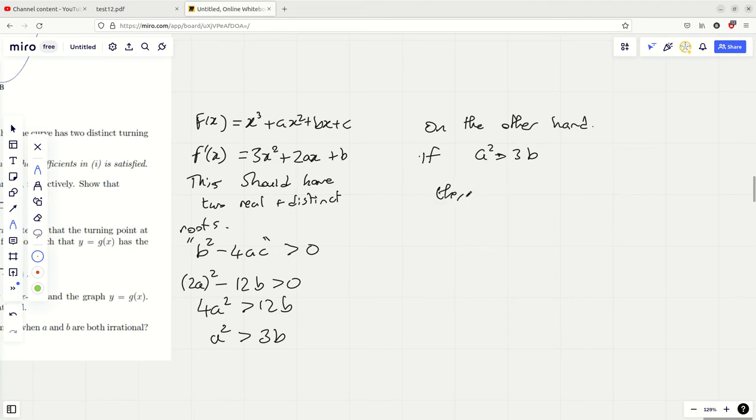I'm just going to skip a few steps here: 4a squared minus 12b is bigger than 0. So the quadratic f dash of x, so if f dash of x equals 3x squared plus 2ax plus b, then it must have two real roots.